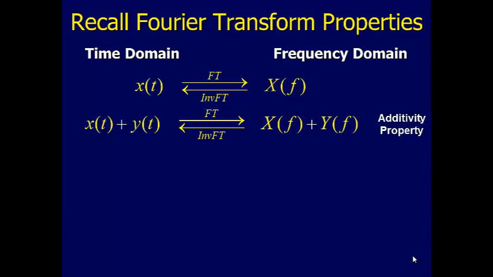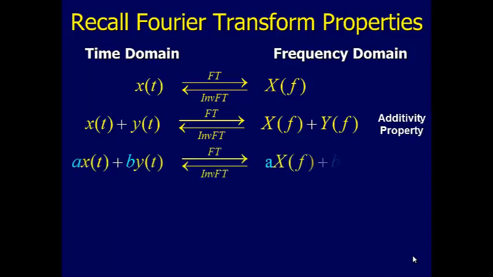That was additivity that came out of the fact that Fourier transforms are linear operations. Likewise, I could even scale x and y by the same or different scale factors, and their transforms would also scale by the same. That's linearity. That's true for systems, but it's also true for linear operations like the Fourier transform. So this is true.